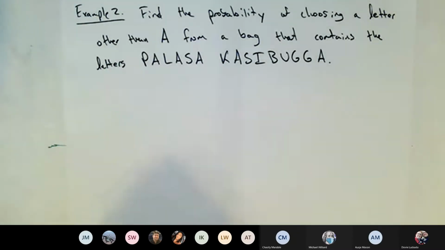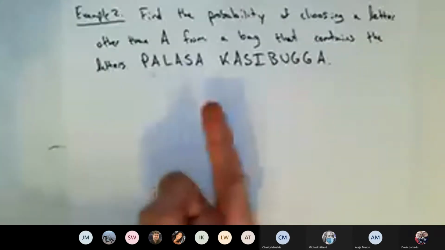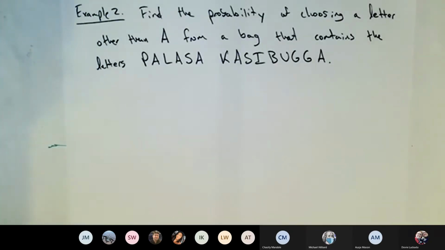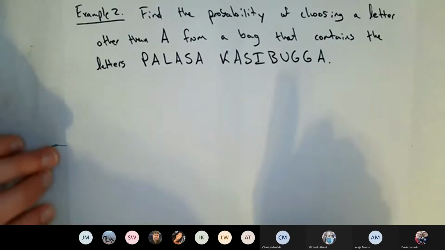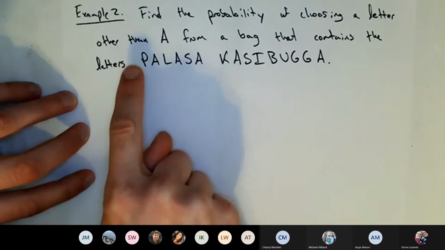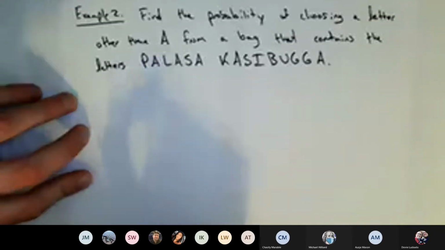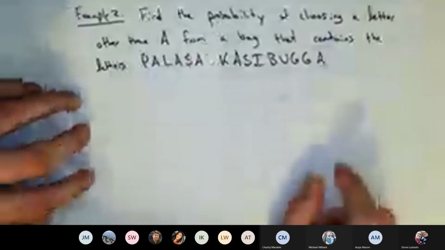In the numerator, how many ways are there to choose an A, and that'll just be the number of A's. So there's no fancy counting methods here, no permutations, no combinations, no factorials. It's literally 1, 2, 3, 4, just counting them.